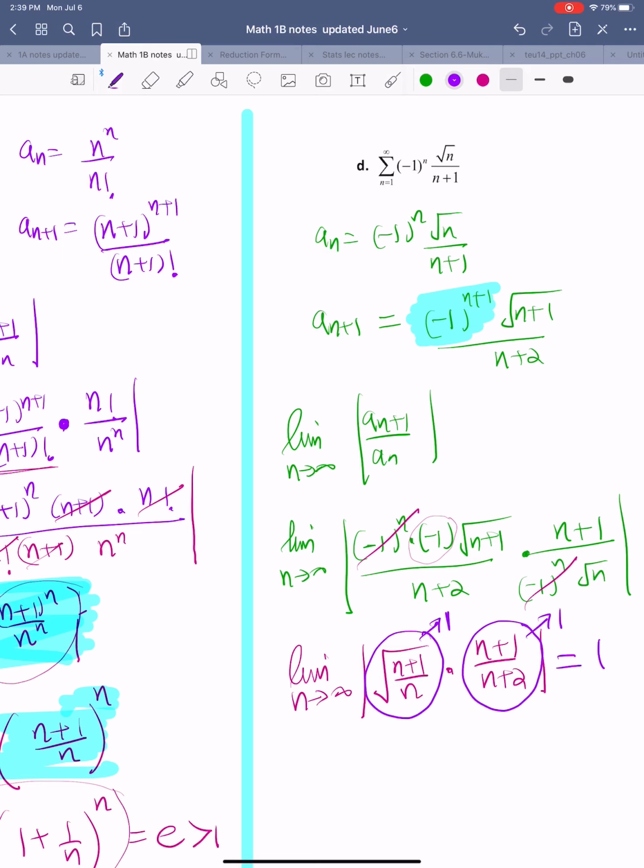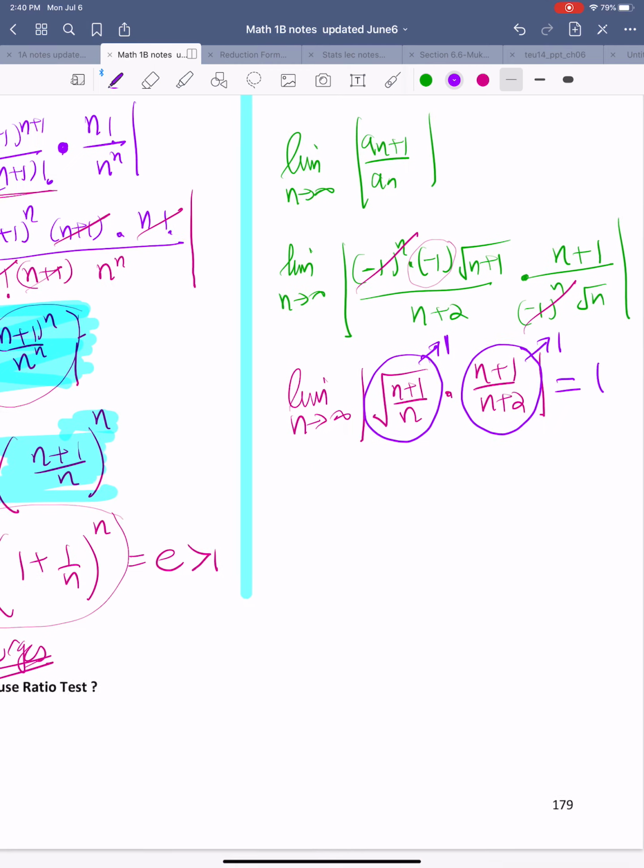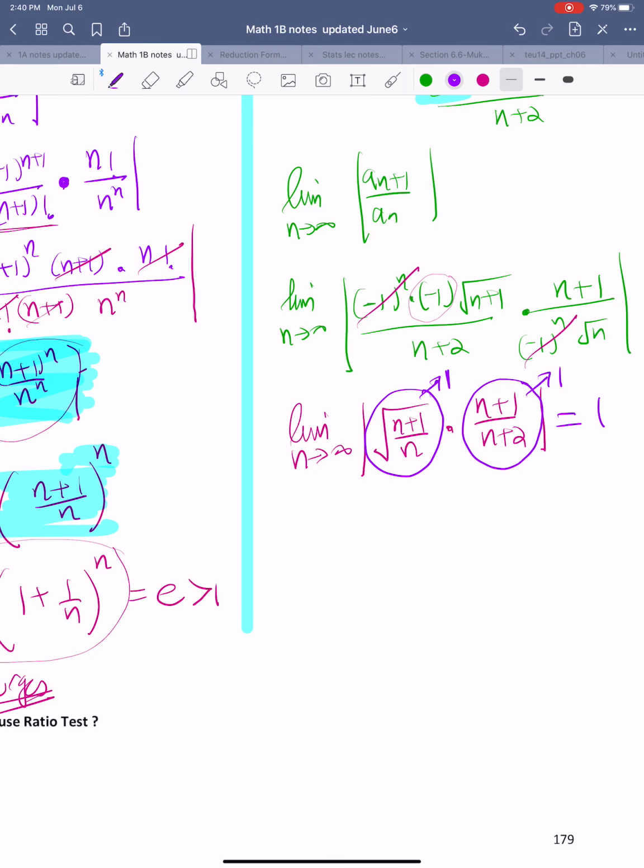So if my limit comes out equal to 1, then we say the ratio test is inconclusive. It simply means the test doesn't tell me whether this series is convergent or divergent, and I have to use something else. The ratio test is inconclusive.